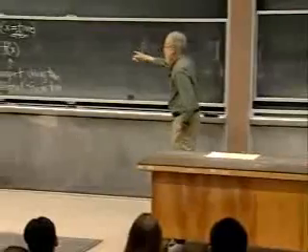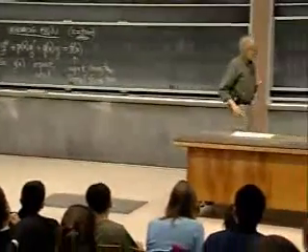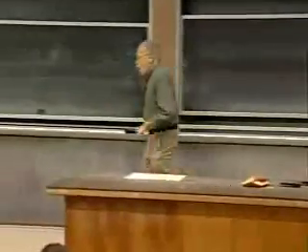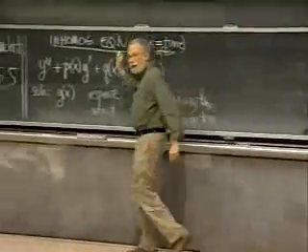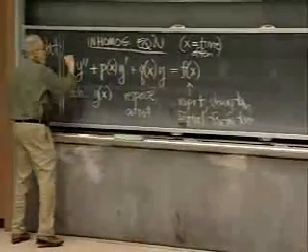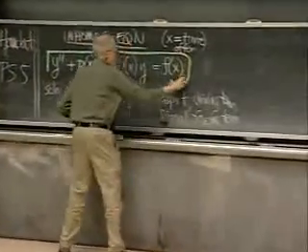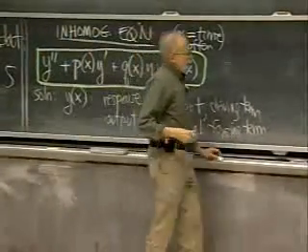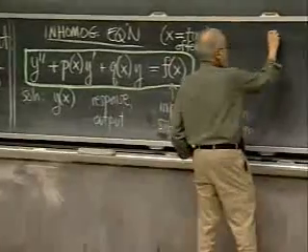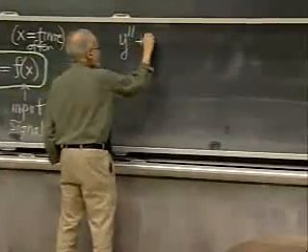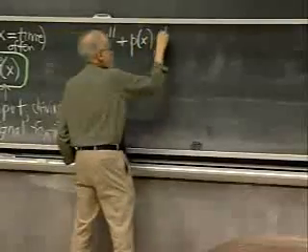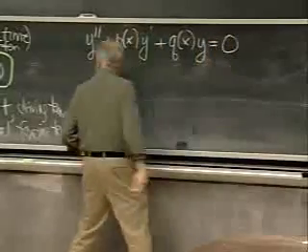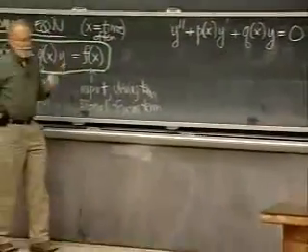Now, as you'll see, the reason we had to study the homogeneous case first was because you cannot solve this without knowing the homogeneous solutions. So that's the inhomogeneous case. But the corresponding homogeneous one, y double prime plus p of x y prime plus q of x times y equals 0, is an essential part of the solution to this equation.